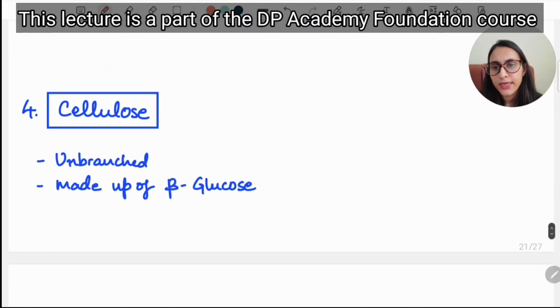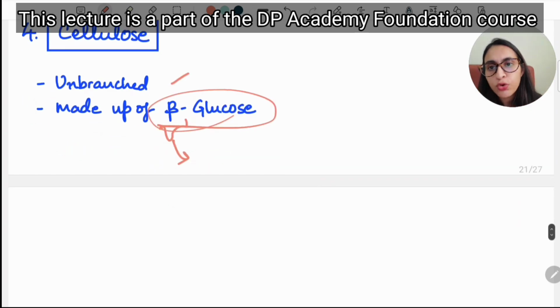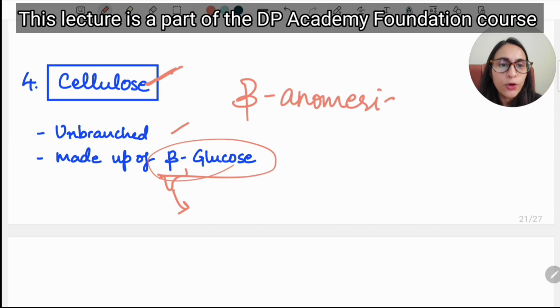Now coming to the next one, that is cellulose. Cellulose is unbranched and is made up of beta glucose. Till now we have covered alpha glucose. Beta bonds are not easily broken in the body because the enzymes are not present in the body. So cellulose is not broken down in the body, and that is because of the beta anomerism. Anomerism is where we talk about the functional group, which we have already covered.